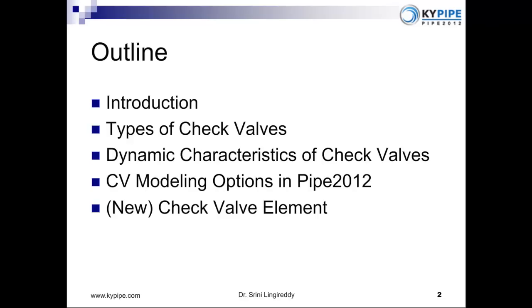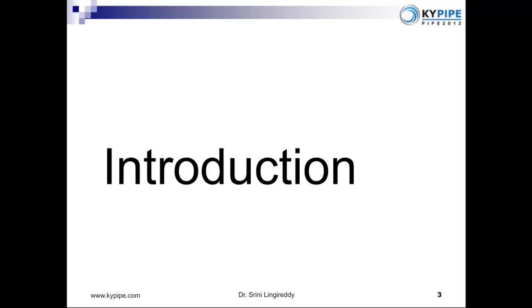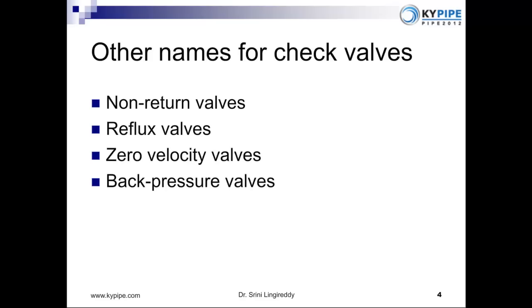Not everybody. I was not able to get this kind of data from everybody, but some of them do provide that, and it is very important. So we'll discuss that a little bit. And then we'll talk about check valve modeling options in Pipe 2012 and spend quite a bit of time on the new check valve element that we introduced in the Pipe 2012 software.